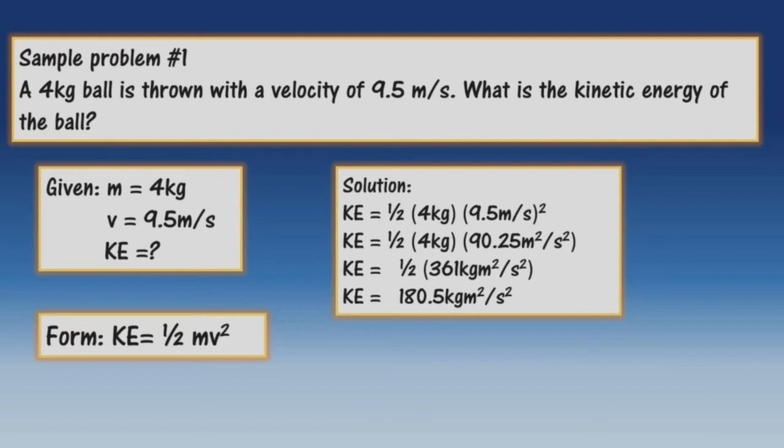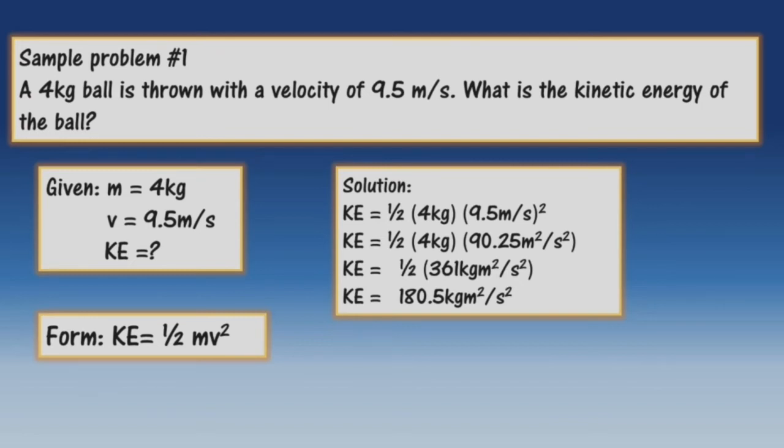So, let's solve first all the numbers and quantities inside the parentheses. Kinetic energy is equal to 1/2, multiply it to 4 kilograms, then multiply it to the square of 9.5, which is 90.25 meters squared per second squared.